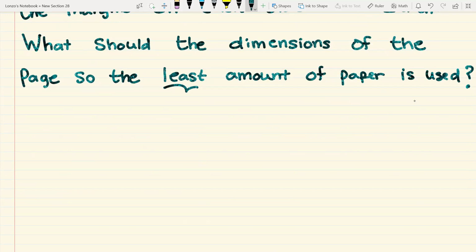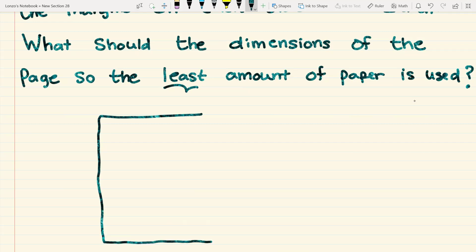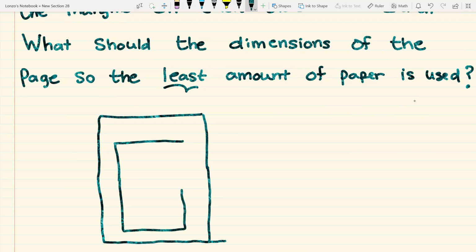So what I mean is, here you have a piece of paper, and paper is usually a rectangle. And then inside that piece of paper, you have the writing. It's like a little rectangle. So in this section, this is where all the writing happens.